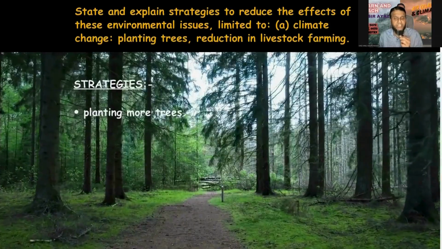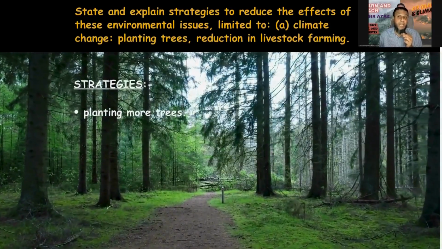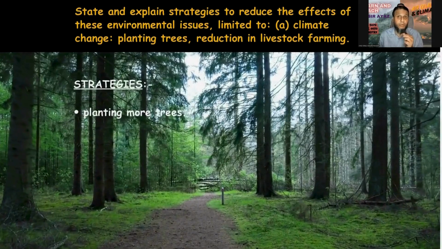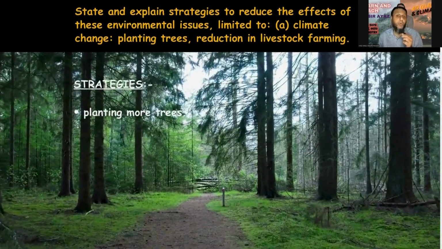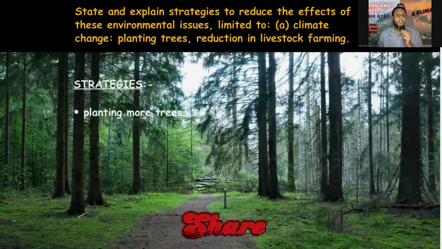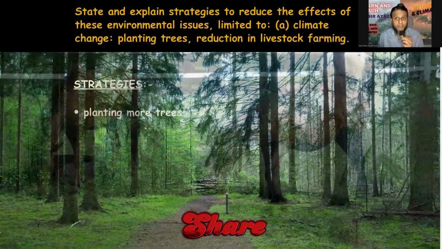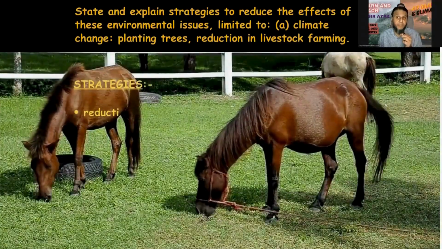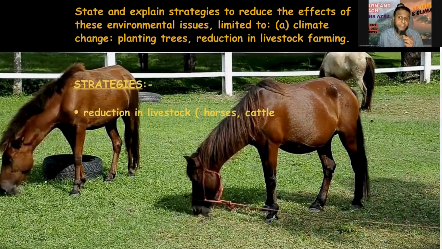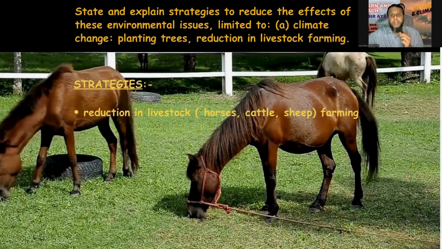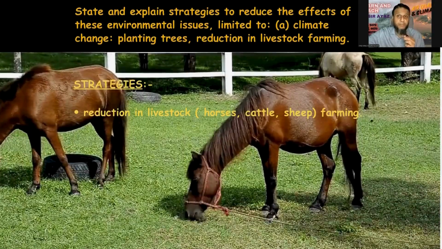Trees act as carbon sinks, helping to combat global warming and climate change. Trees improve soil quality by contributing organic matter through leaf litter. Trees influence the water cycle by transpiring water vapor, contributing to rainfall.